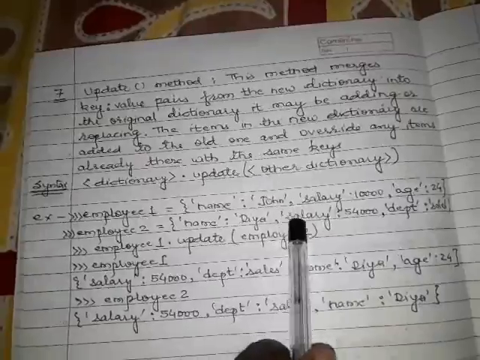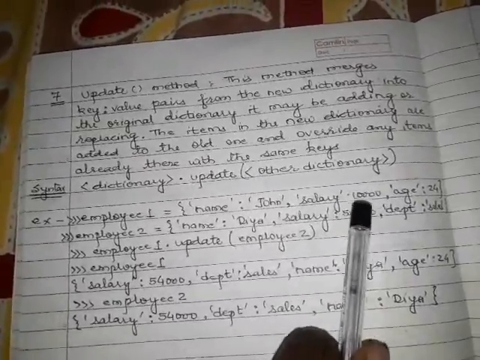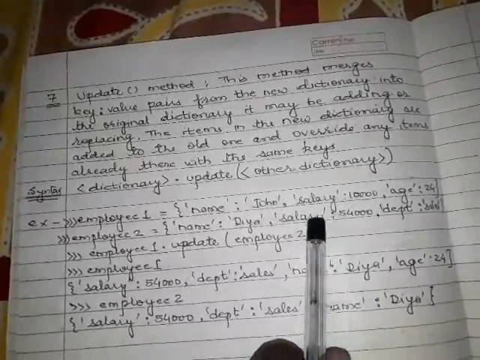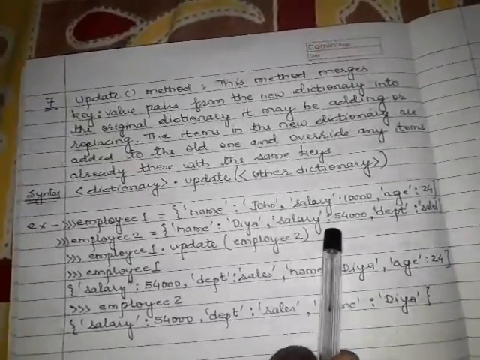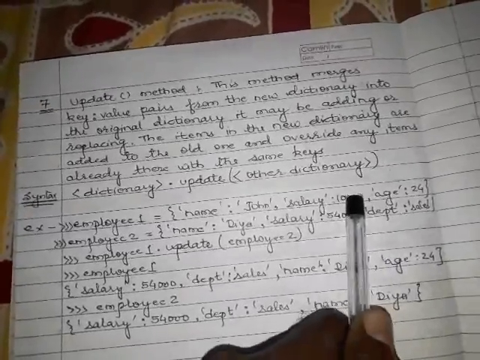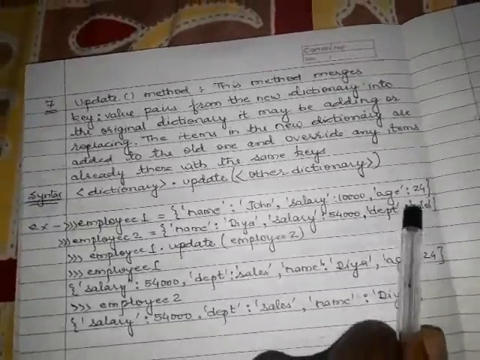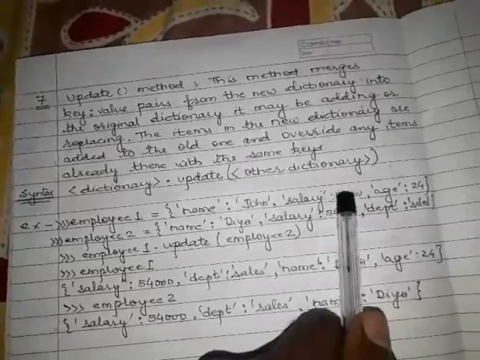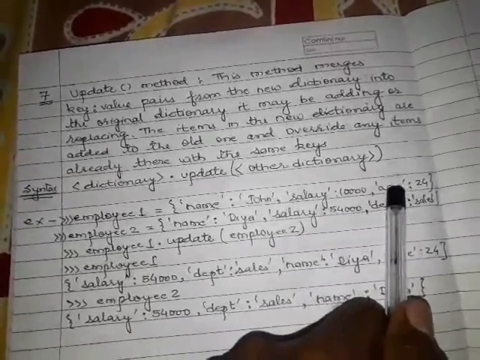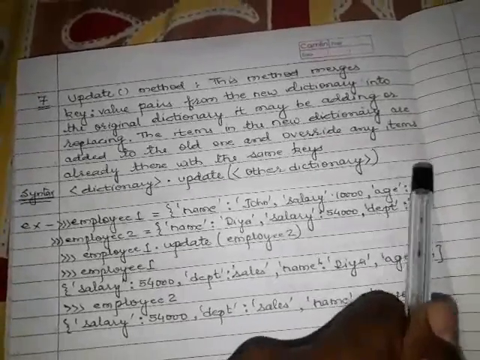Salary is also in employee 2 as well as in employee 1, so the salary of employee 1 will be replaced by the salary of employee 2. Department sales is not in employee 1, so this key value pair is added, so there is replacing and adding also. Age is not there in employee 2, so age will remain in employee 1.